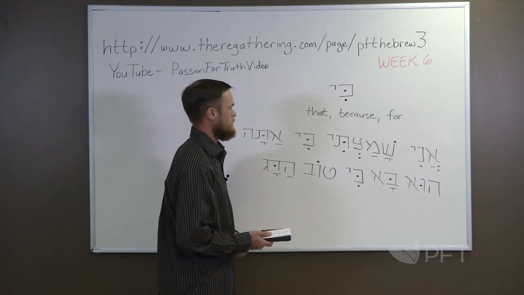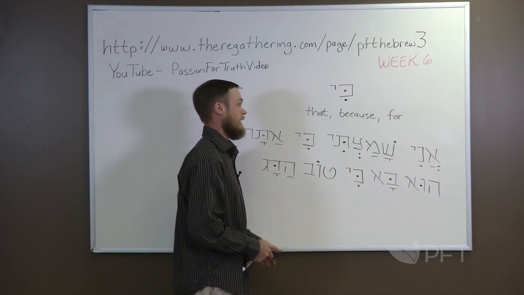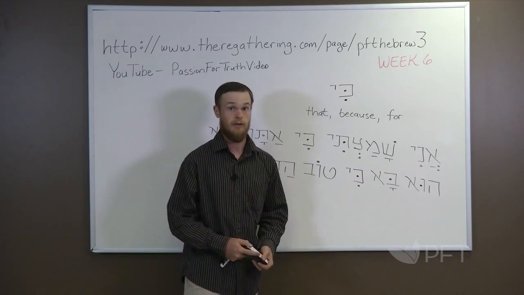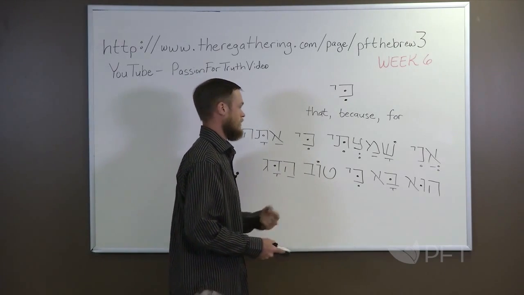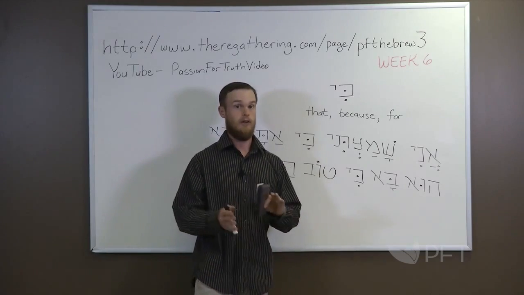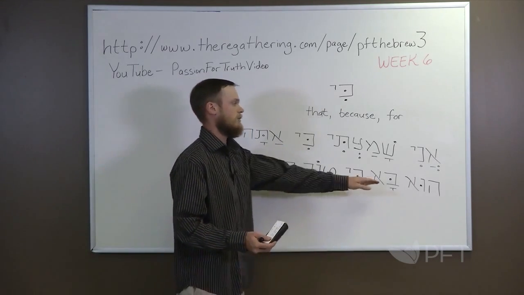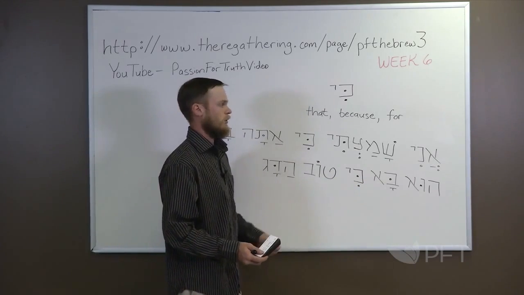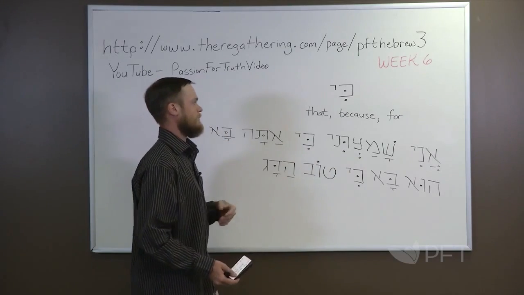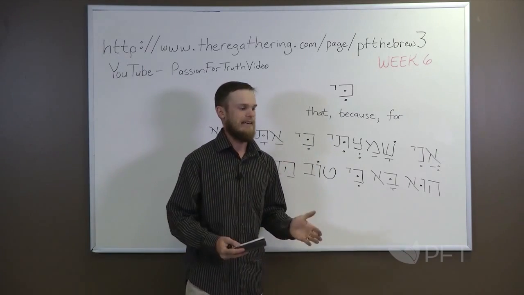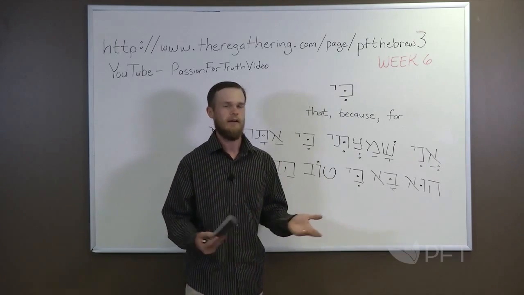But just be aware it has these different functions associated with it, and you will see it quite a bit in the scriptures. So you're dealing with a causal relationship with ki. The question is which direction the cause is working, or if it's a strong cause, like coming because the fish is good, or if it's a weak cause. All right, "I heard that you were coming." I didn't just hear because you were coming, but if you weren't coming, I wouldn't have heard that you were.